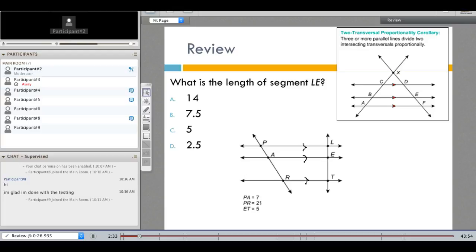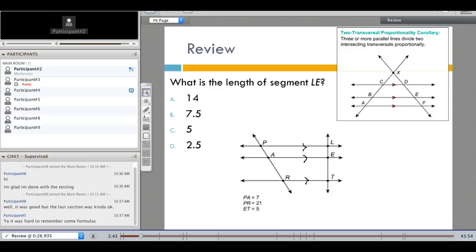I think that'll be the point of the, because you're going to have one now and then you'll have another one in May. Kind of okay, but not super great. Yes, that's true, Sarah. I know. It is hard to remember some formulas. Most of it, though, you at least looked at it and you're like, well, you did go over that.